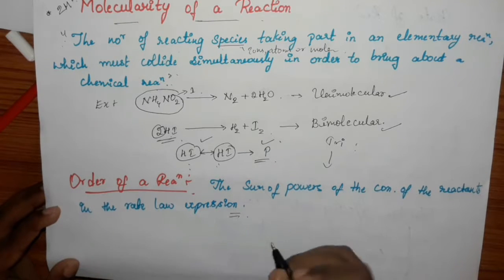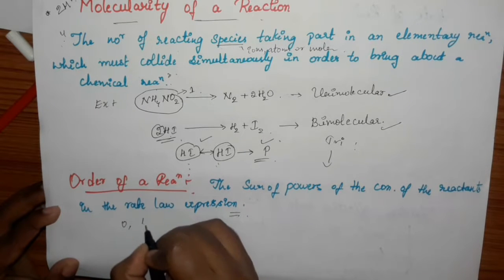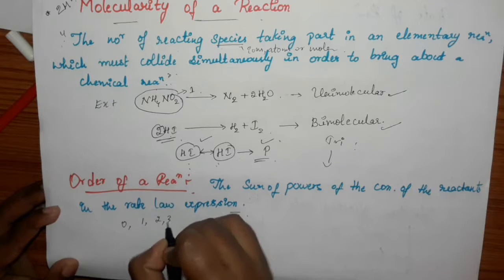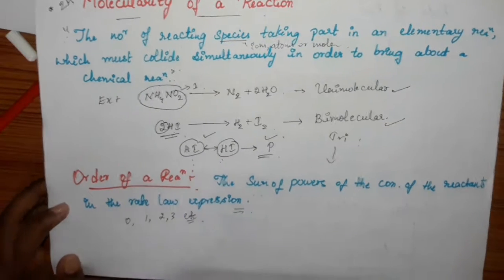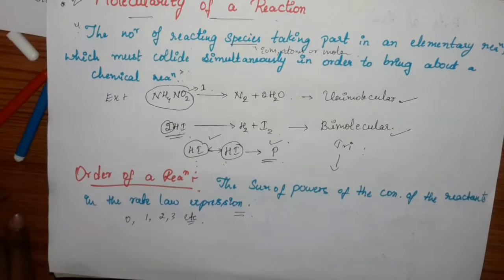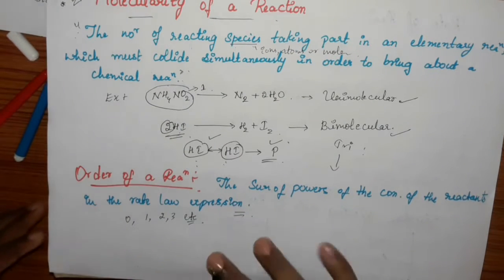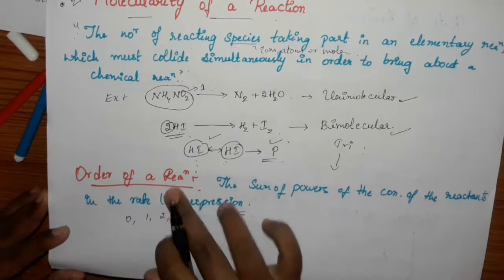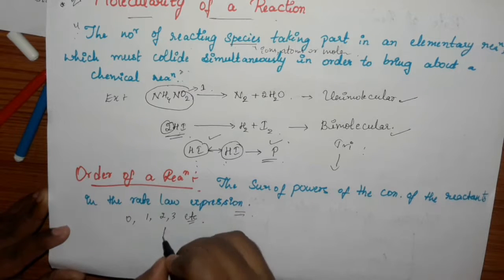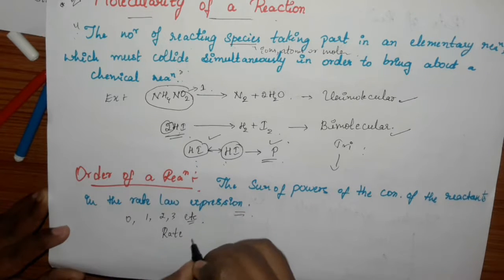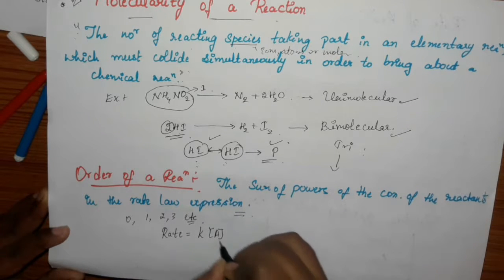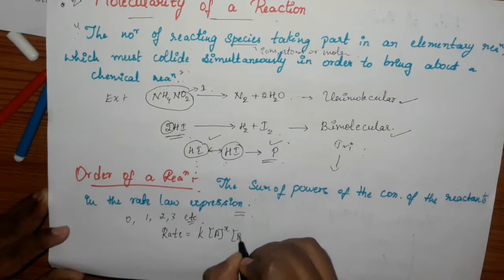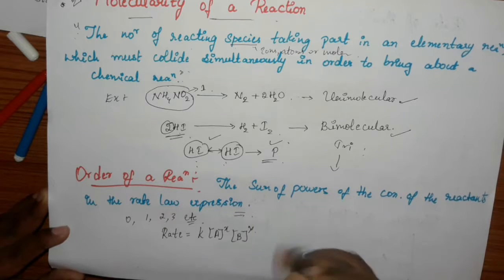So, the order of the reaction may be 0, 1, 2, 3, etc. I can explain this order of reaction by considering the rate equation: rate equals k [A]^x [B]^y.